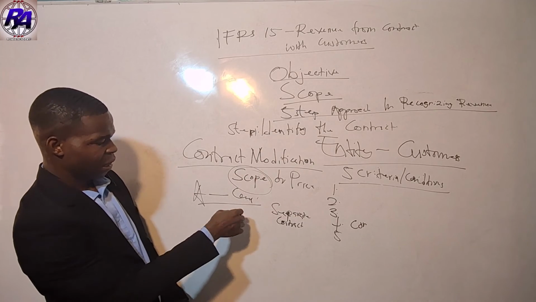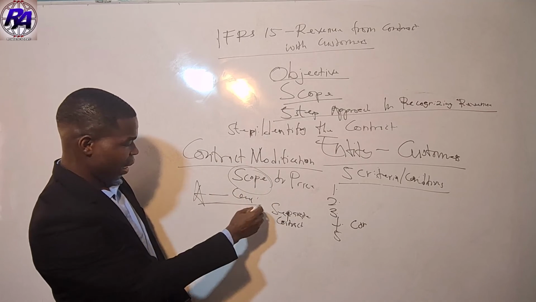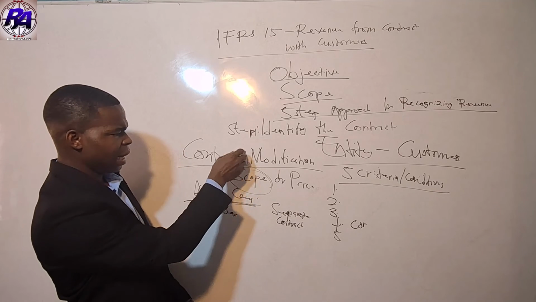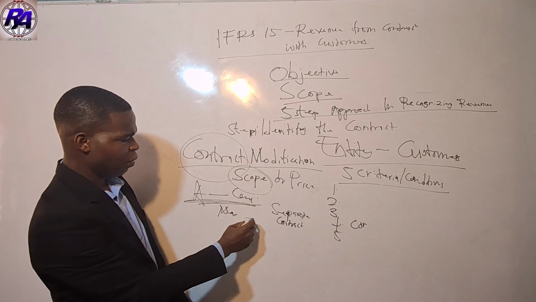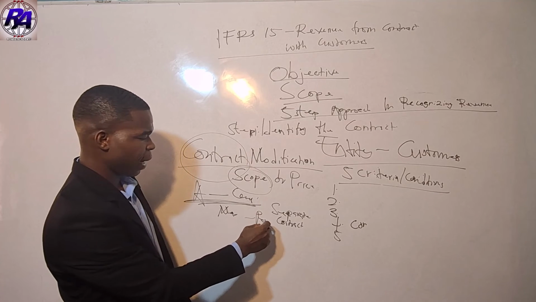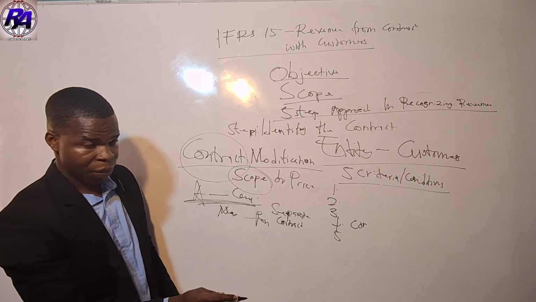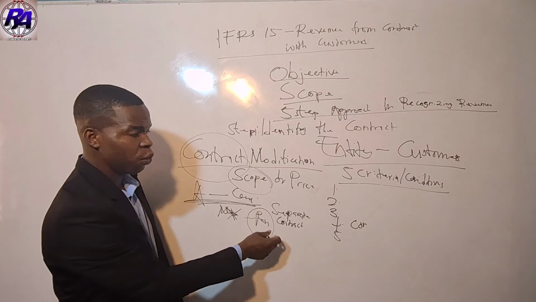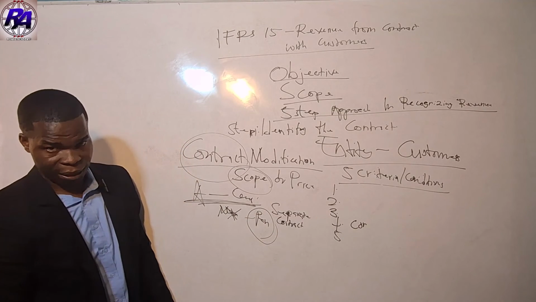So let's assume that the subject matter first was marker, but there's an increment in our scope, and now we are going to sell pen. You see, it's not the same. So here we are going to terminate the existing one and treat this one as a new contract. That is what the standard says.